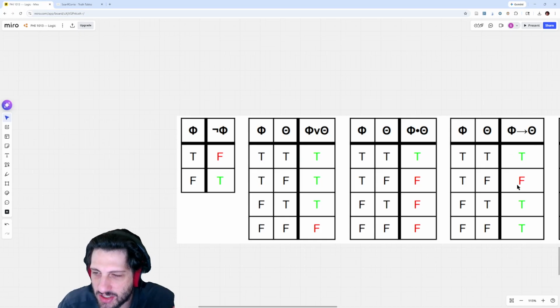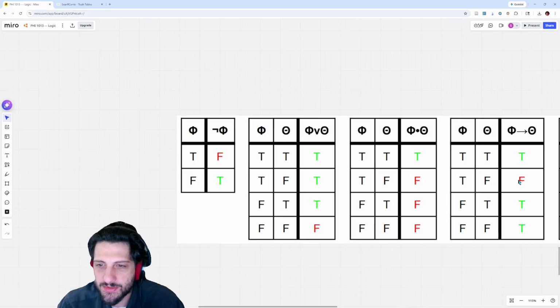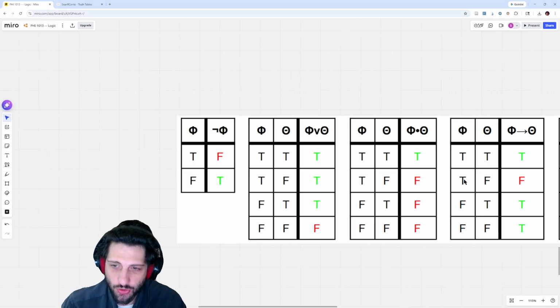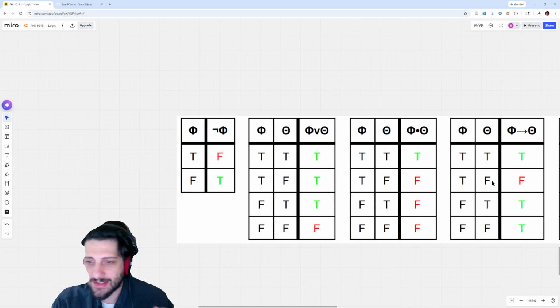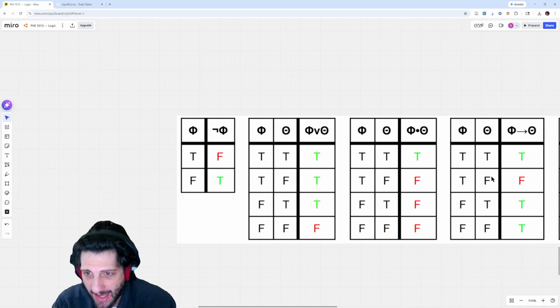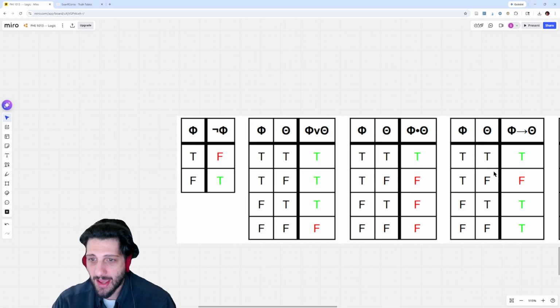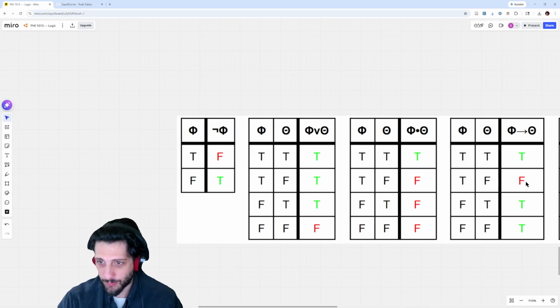The only time a conditional statement is ever false is if the left side is true, but the right side isn't. Because again, and I can't emphasize this enough, that's exactly what the conditional is trying to rule out. The conditional is trying to say, hey, you'll never have a true left and a false right-hand side. And so if we actually find ourselves in that world, well then it's false to make that conditional claim.